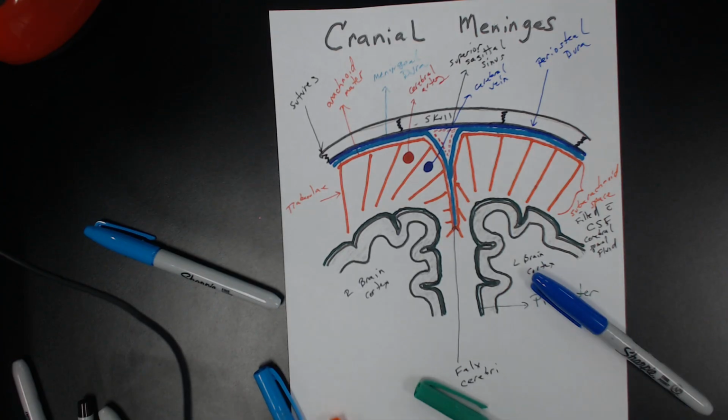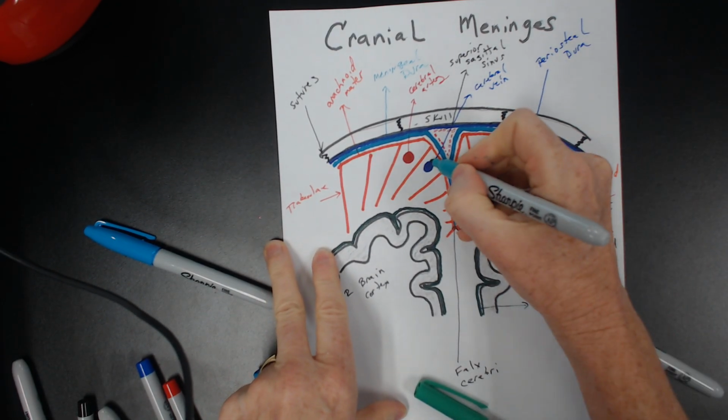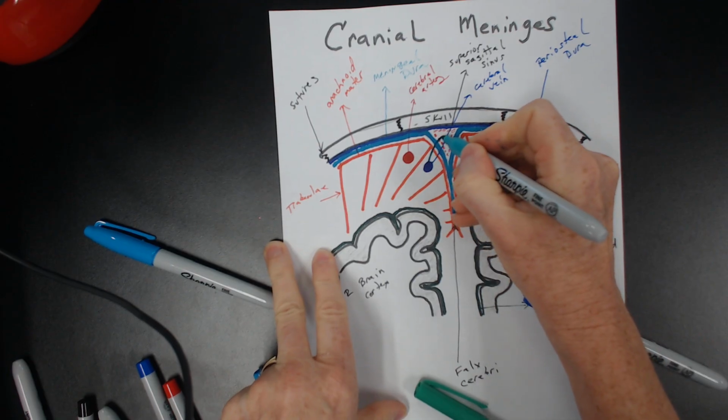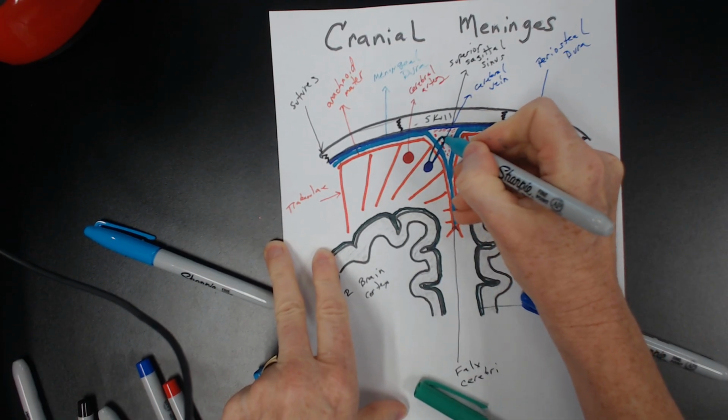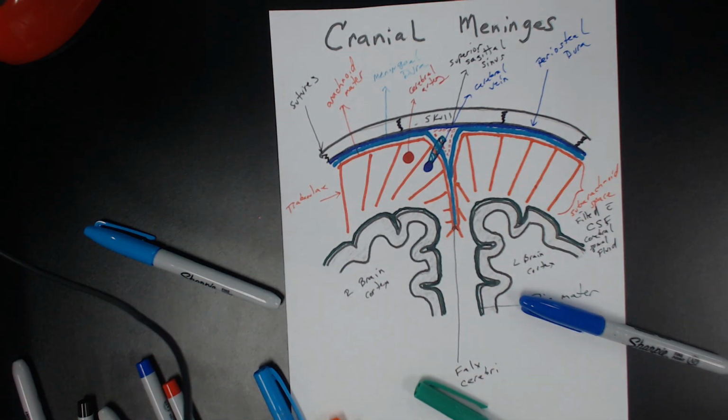And I also mentioned just briefly that the cerebral veins actually drain into this superior sagittal sinus. So I'm going to represent that here as like a little bridge. And I like to think about it as a bridge because that little vein has a special name.